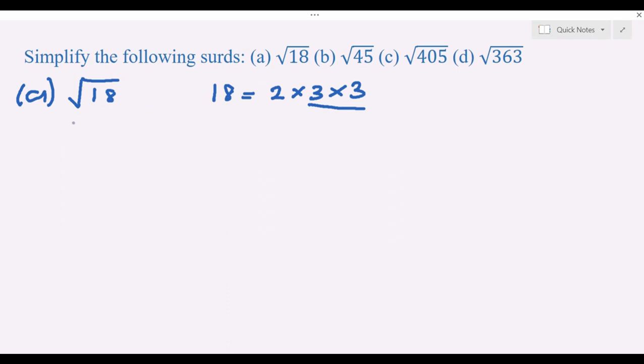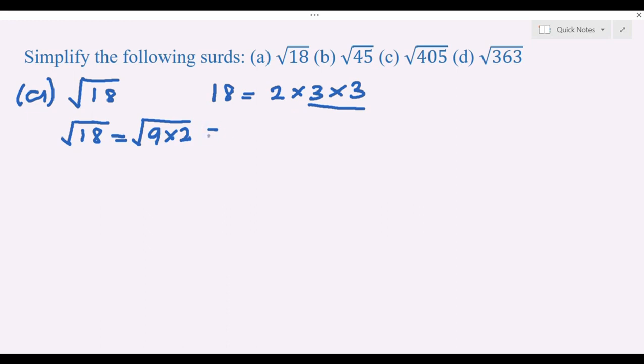So our root 18 is the same thing as the square root of 9 times 2, as you can see here.